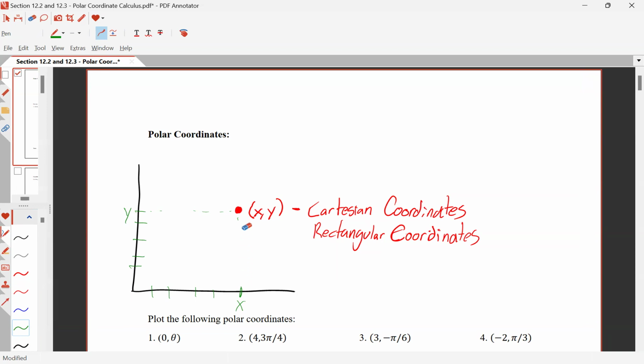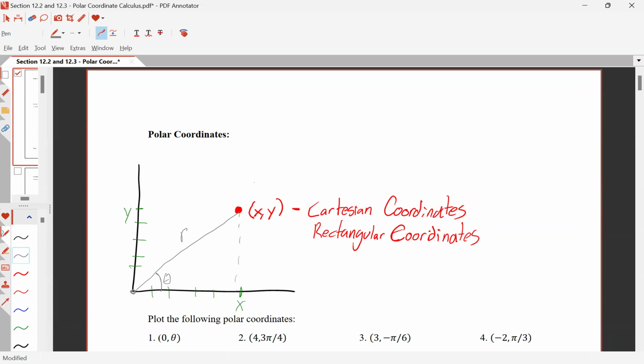Polar coordinates, or circular coordinates, take the idea of the circle and say, this point here is some radius distance from the origin. There is some distance here, r, and then there is some angle, theta.